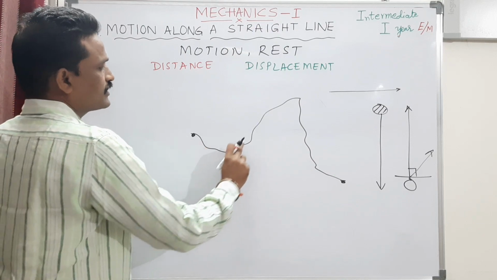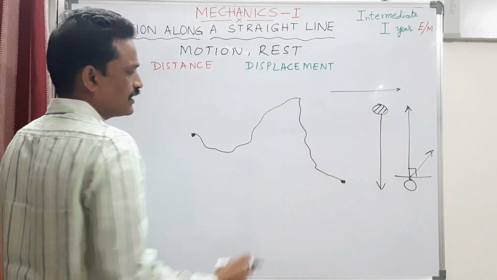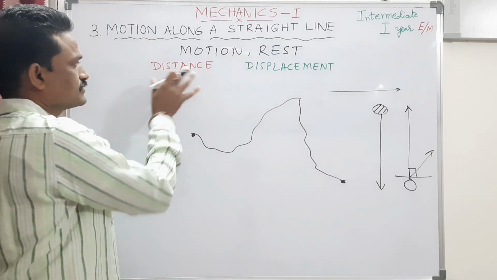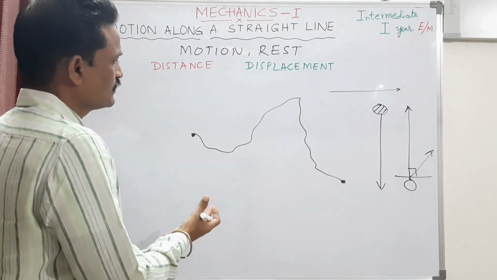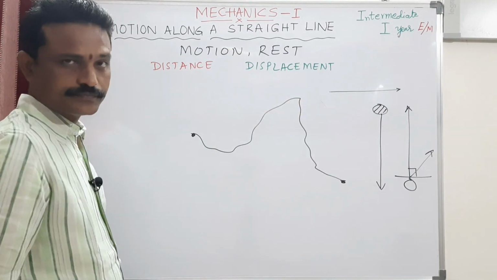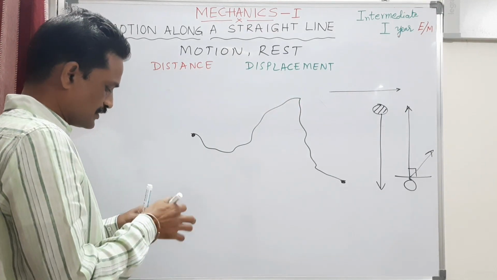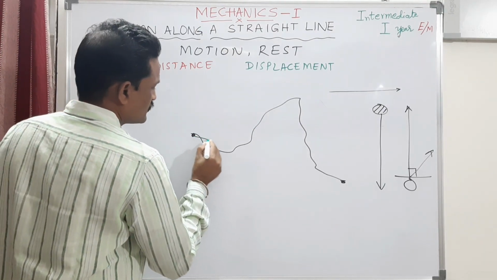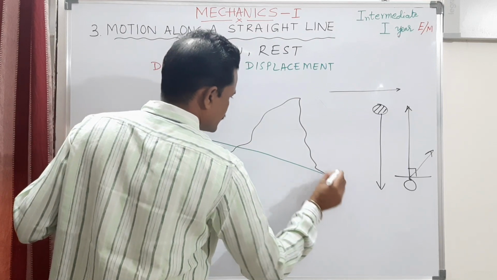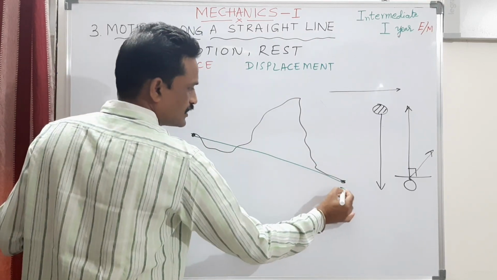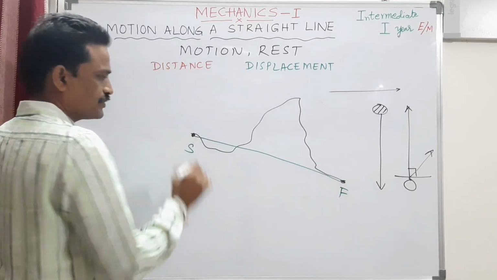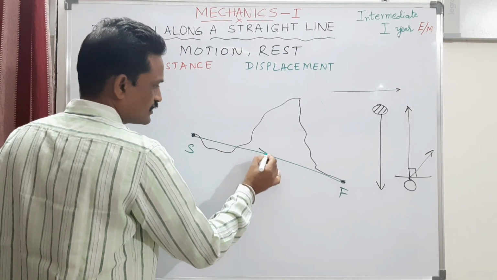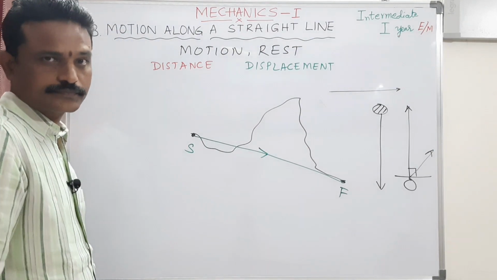This total length of the path followed by the ant is called distance. So distance is the total length of the path. Now, what do you mean by displacement? Displacement is the shortest distance between the starting point and the final point. So this is the final point and this is the starting point. So this is called displacement.